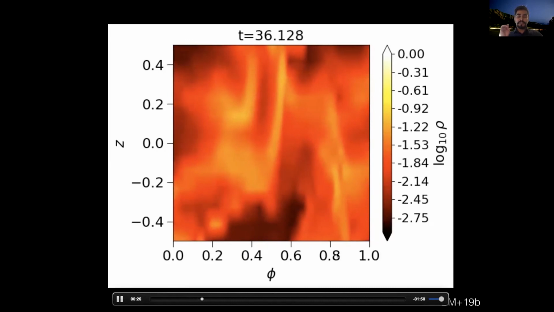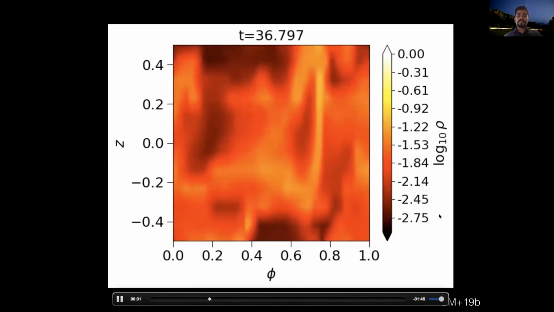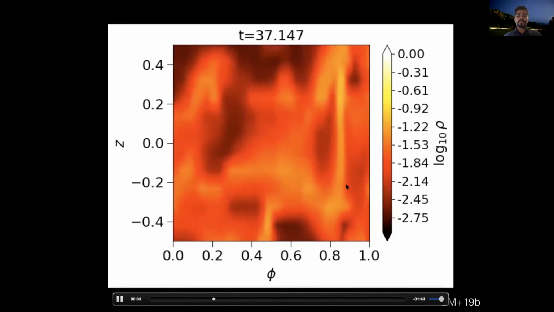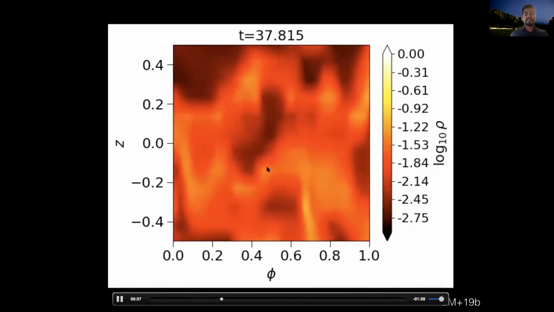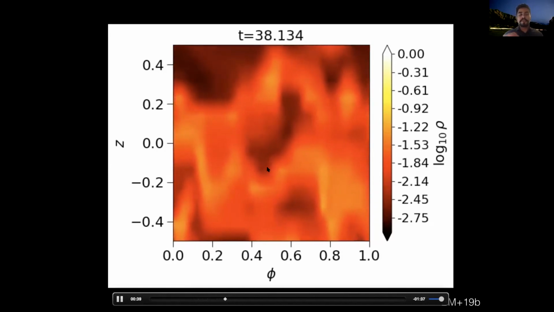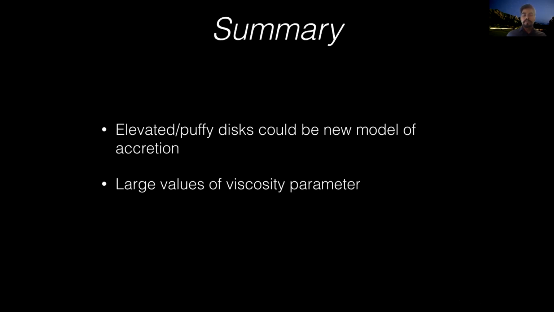So at a fixed radius, if you keep going in the phi direction, you will encounter these kinds of large vertical structures, which are actually these high density spiral structures and this high density wall at the edge of these spirals. Those are structures we are finding and trying to understand.